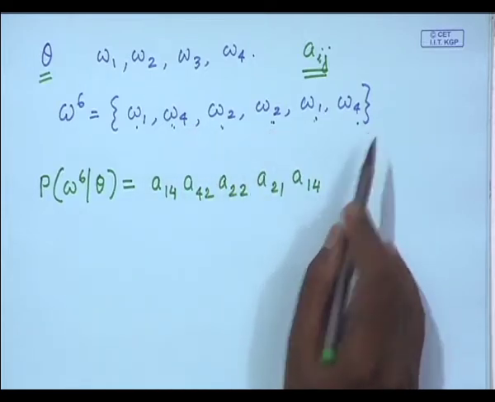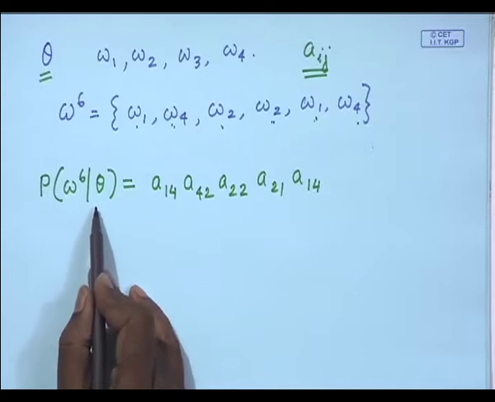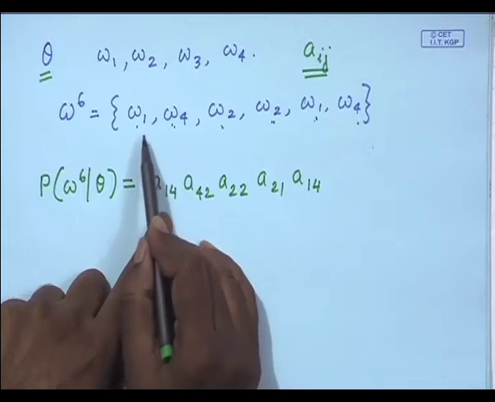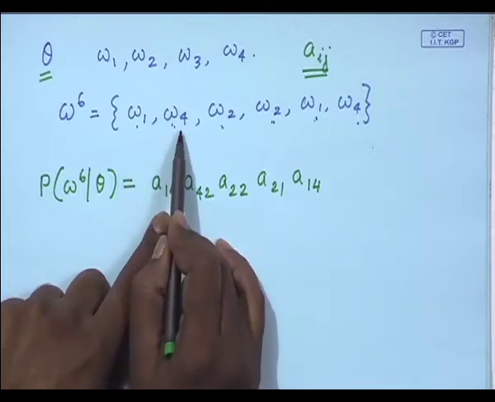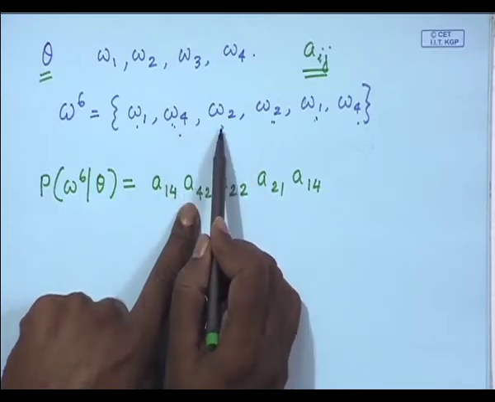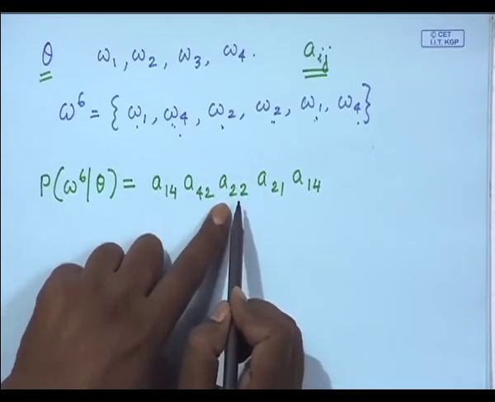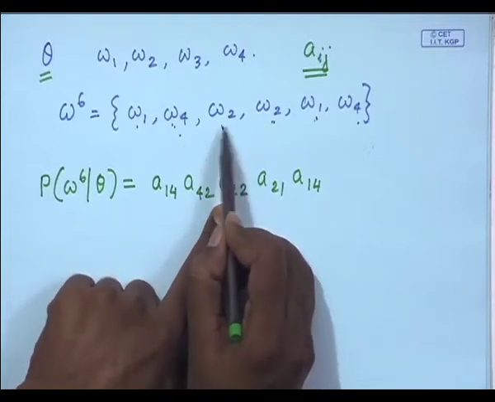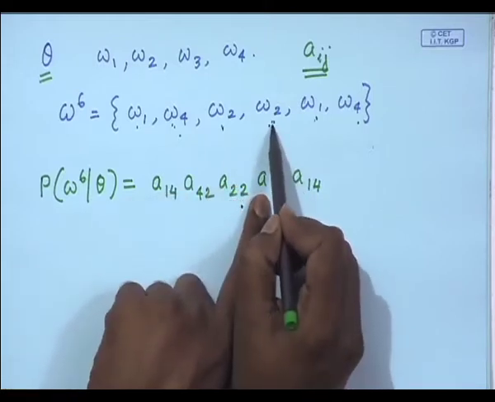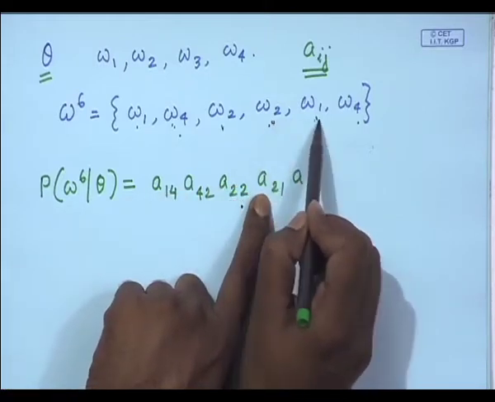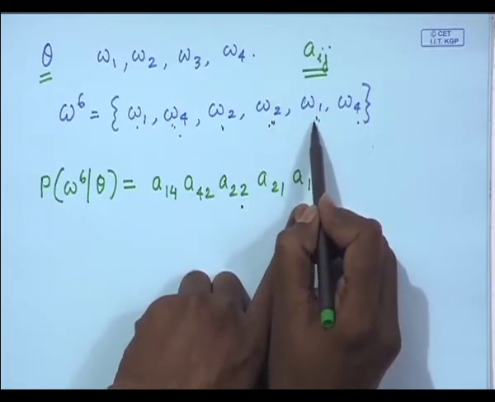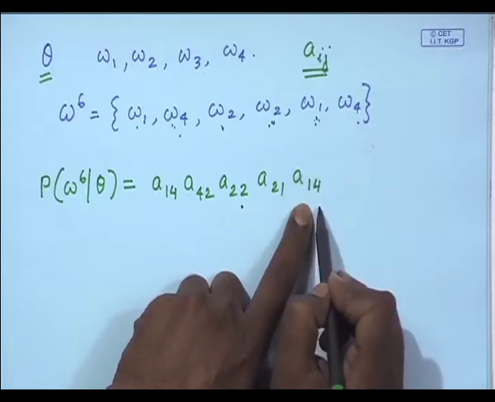The probability of that, P of omega 6 given theta, is A 1 4, which is the probability of transition from state omega 1 to state omega 4, multiplied by the probability of transition from omega 4 to omega 2, that is A 4 2, multiplied by the probability of transition from omega 2 to omega 2 itself, which is A 2 2, multiplied by the probability of transition from omega 2 to omega 1, which is A 2 1, multiplied by the probability of transition from omega 1 to omega 4, which is A 1 4.